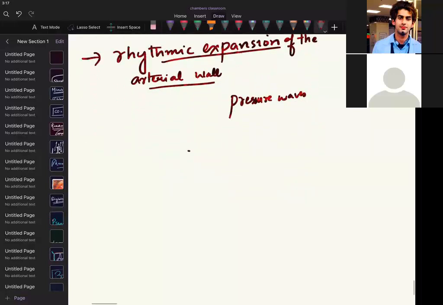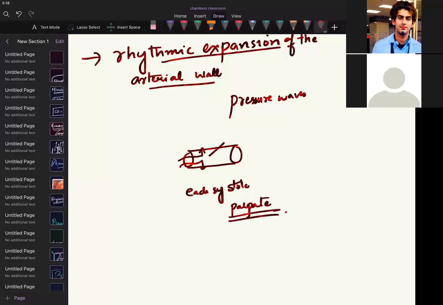If this is the artery, once a pressure wave is coming with the blood, it is hitting these walls. With each systole, with each heart contraction, you can hear this. Well, you can hear it also, but you can palpate it.